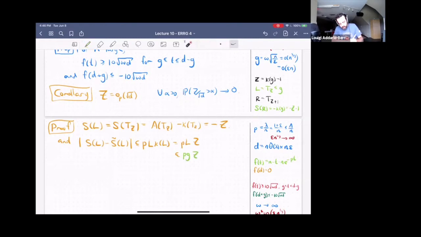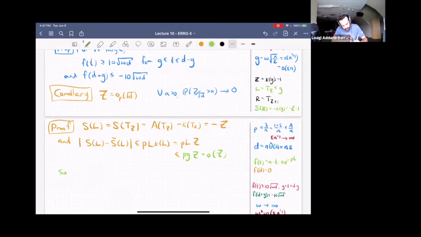And now g is little o of n, and p is order 1 over n. So this term p_g here is little o of 1. So this whole thing is little o of z. Okay, so that says that up to this time L, the error between S and S tilde is little o of z.